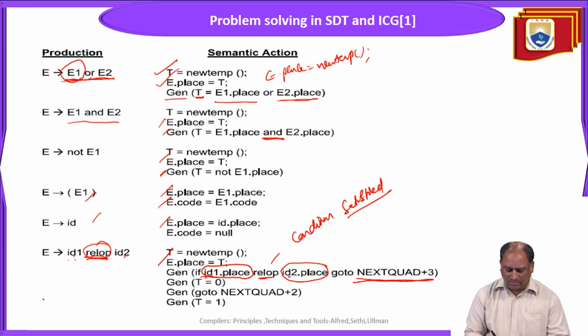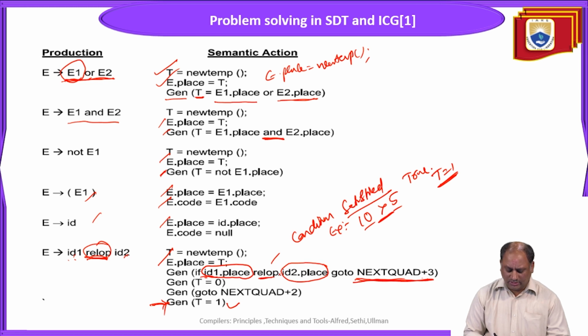Suppose identifier 1 place is 10, the relational operator is greater than, and identifier 2 is 5. In this case the relational operator condition is satisfied, that means it is true. If it is true, then it passes the cursor to next quad plus 3, that means 1, 2, 3, the third step. It generates a true value, that is t equal to 1.